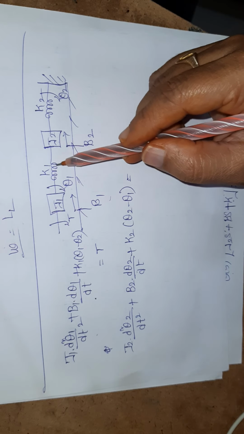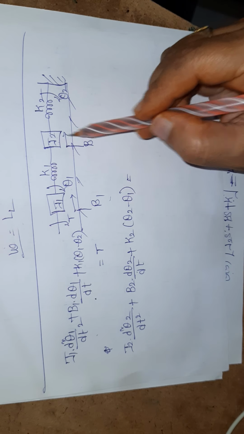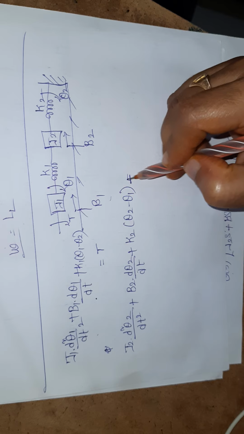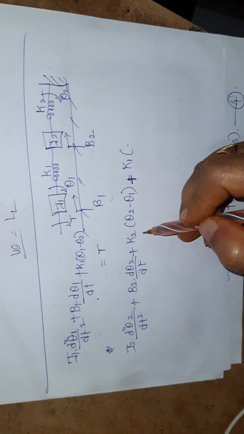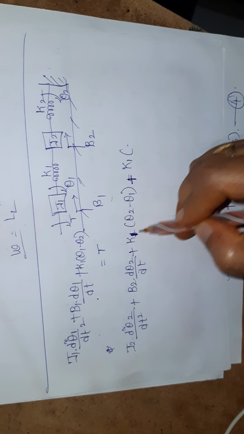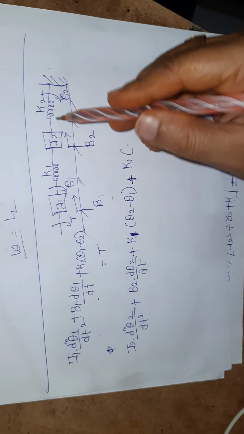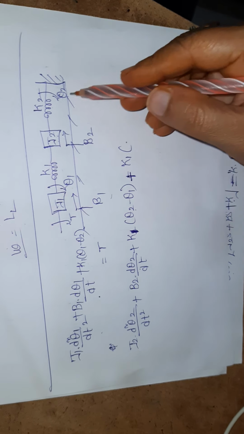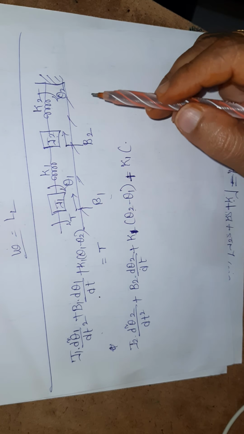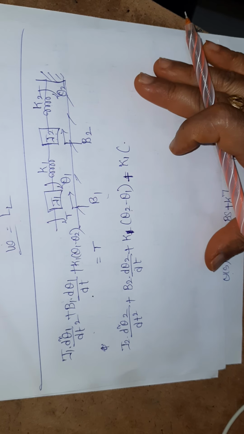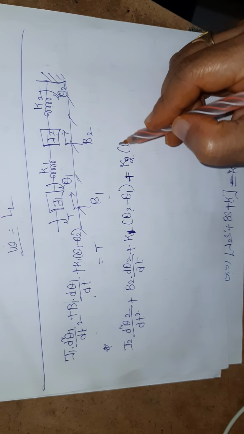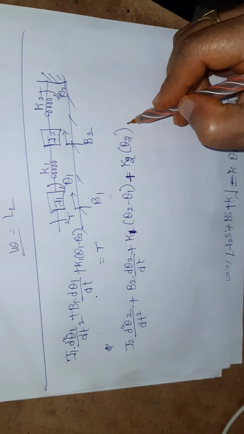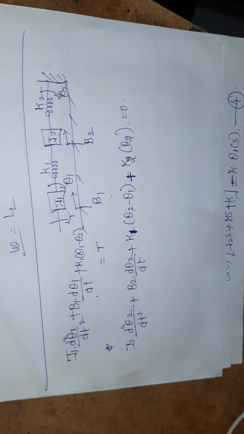We are having K1 also. For J2, 1, 2, 3, fourth element is also there. So that is K1 into, so K2, write this as K1 because K1 is in between two nodes and we have to give the preference for second node, theta 2 minus theta 1, right? Next, K2 is only for theta 2 equal to 0.